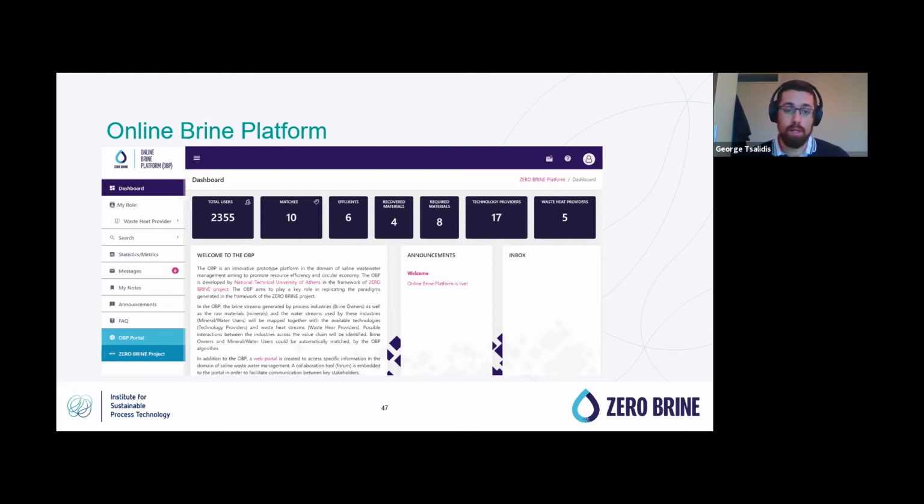Therefore, this part regards a detailed presentation and know-how about what kind of information is expected when somebody is going to make an account, but also later what kind of data is expected and what would be useful in order to create these synergies, these symbiotic relationships among different platform users.